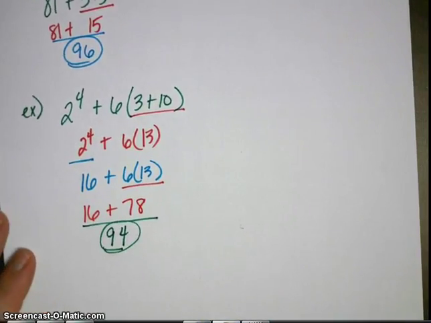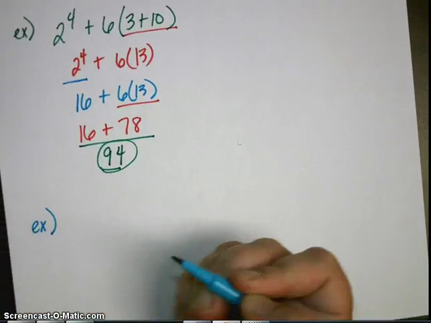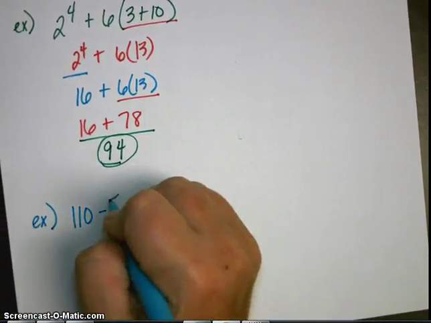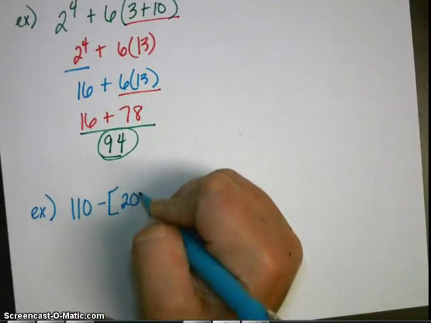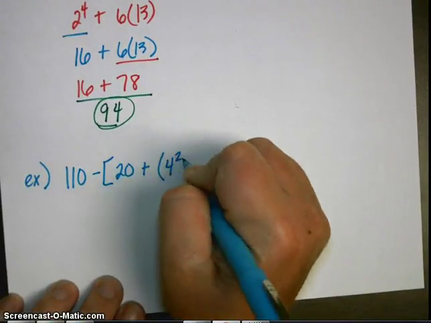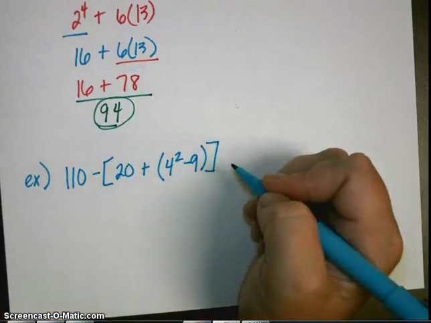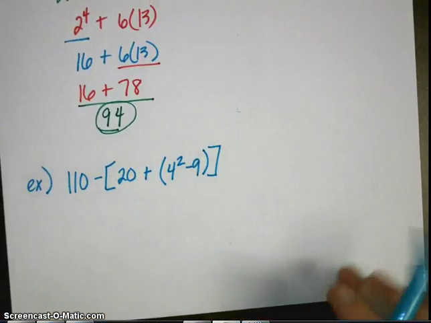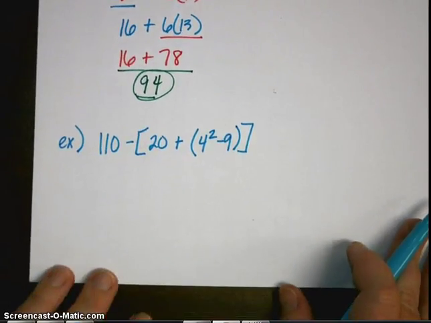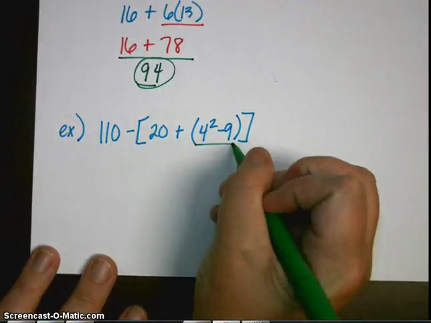Let's take a look at another example. Let's look at 110 minus bracket 20 plus parentheses 4 squared minus 9, close parentheses, close bracket. So here I have both parentheses and brackets. I do the innermost, so the one nestled inside, that's this guy.